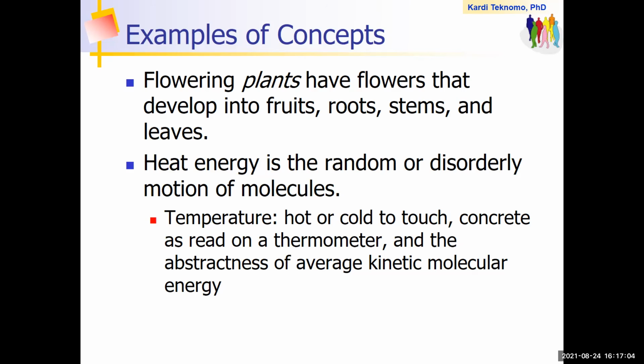Flowering plants have flowers that develop into fruits, roots, stems, and leaves. So the concept of plants is an abstract, isn't it? It's an abstract concept. Actually, everything that we think has a name is actually a concept.